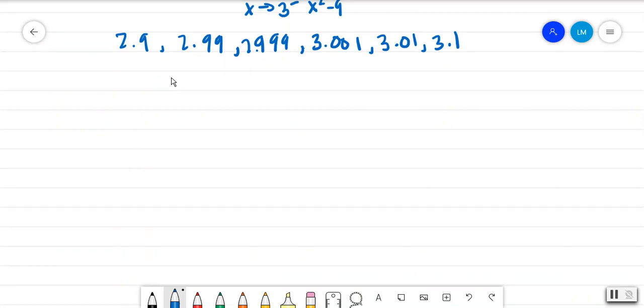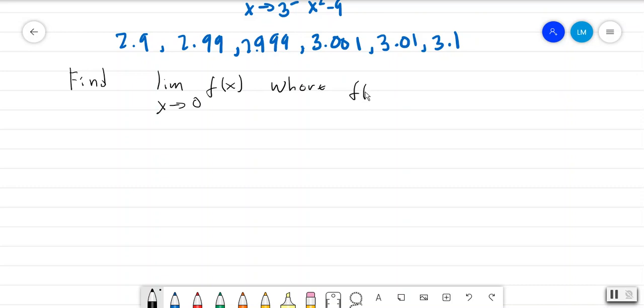Now, what we can look at towards our end is, let's say we want to find the limit as x approaches 0 of f(x), where f(x) is defined as 1 when x is greater than 0, and −1 when x is less than 0.